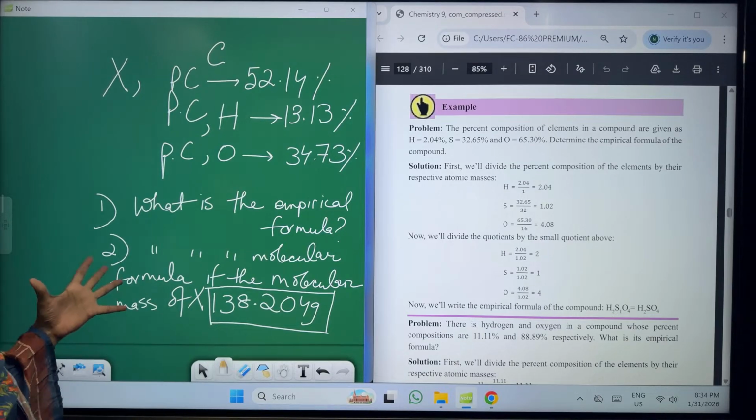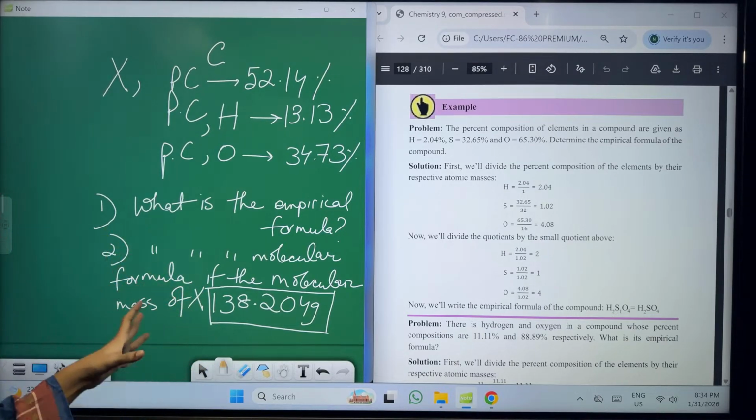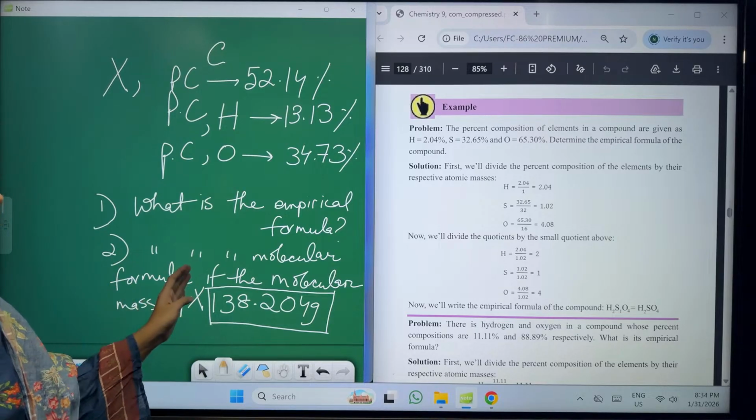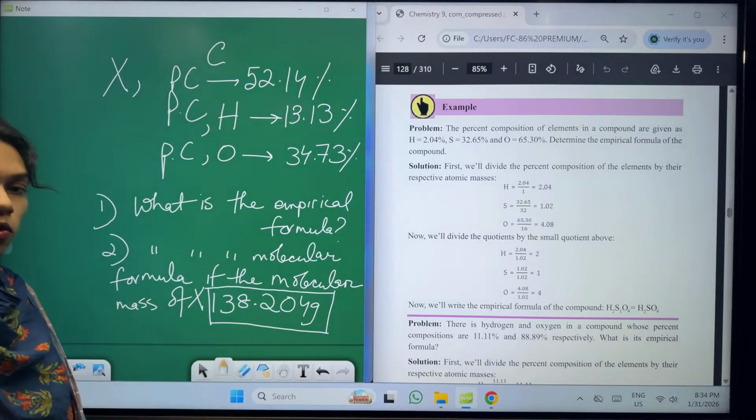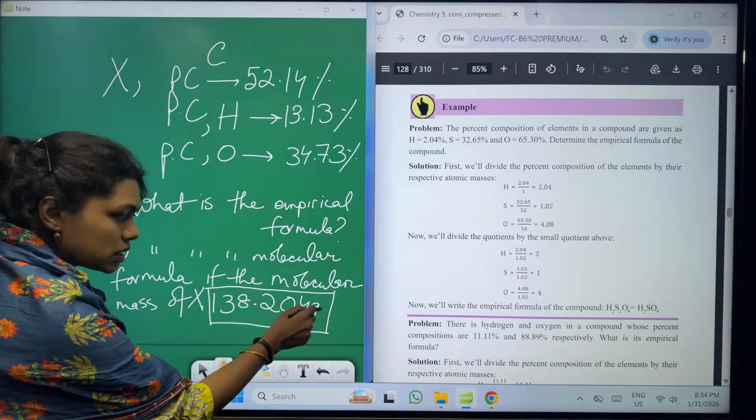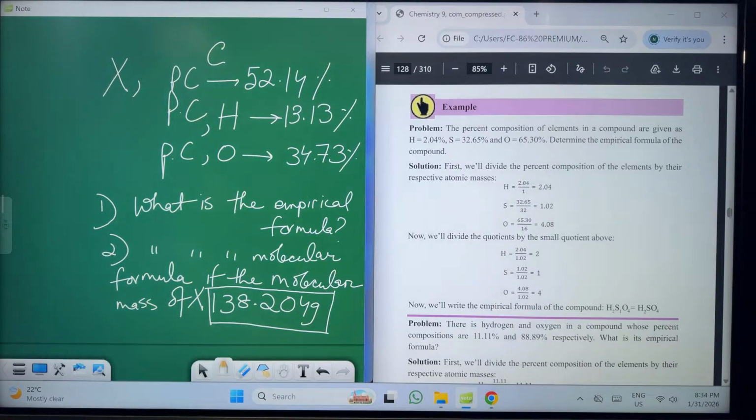And number 2 question is, what is the molecular formula if the molecular mass of the X compound is 138.204 grams? Okay, so what is given? The percentage composition of each element that makes up the compound X is given. Please write down the question or take a screenshot.